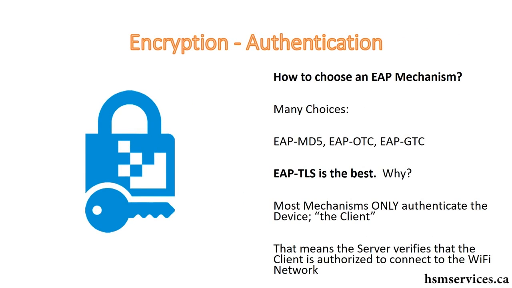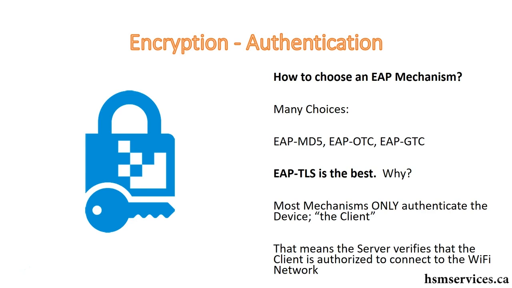And there are many choices for mechanisms that work over EAP. So there's MD5, there's OTC, there's GTC, there's TLS, and TLS is the best. The reason TLS is the best is because of authentication, and most mechanisms authenticate only the device.